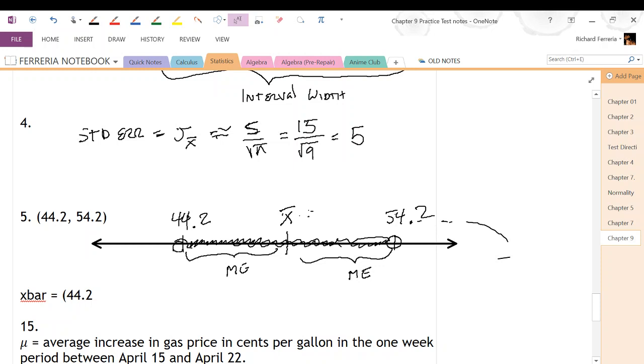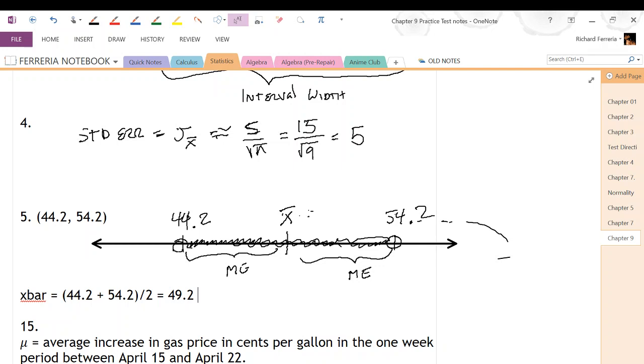Mr. Curry, can you just find the difference and divide by 2? Yeah, that's the answer. If you found the difference, that's the interval width, and then you divide by 2 and you have the margin.